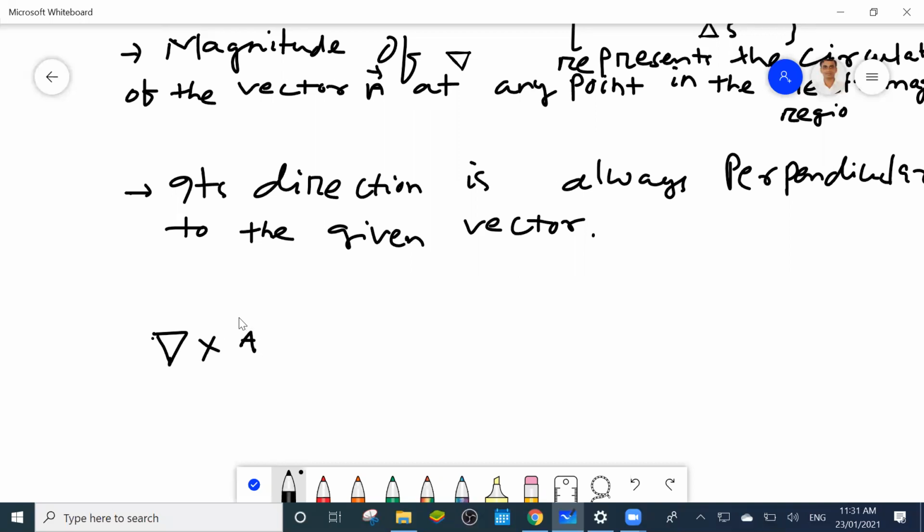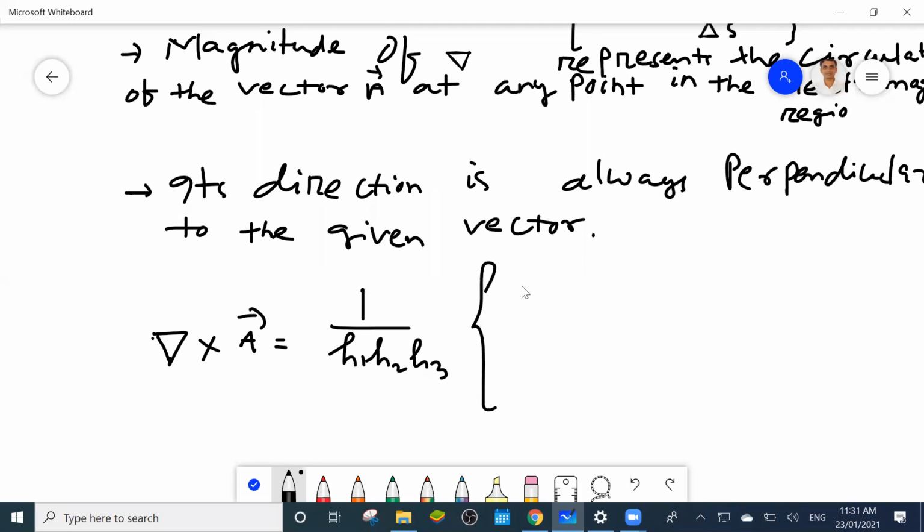The general formula of curl in the three coordinate system is 1 by h1 h2 h3.